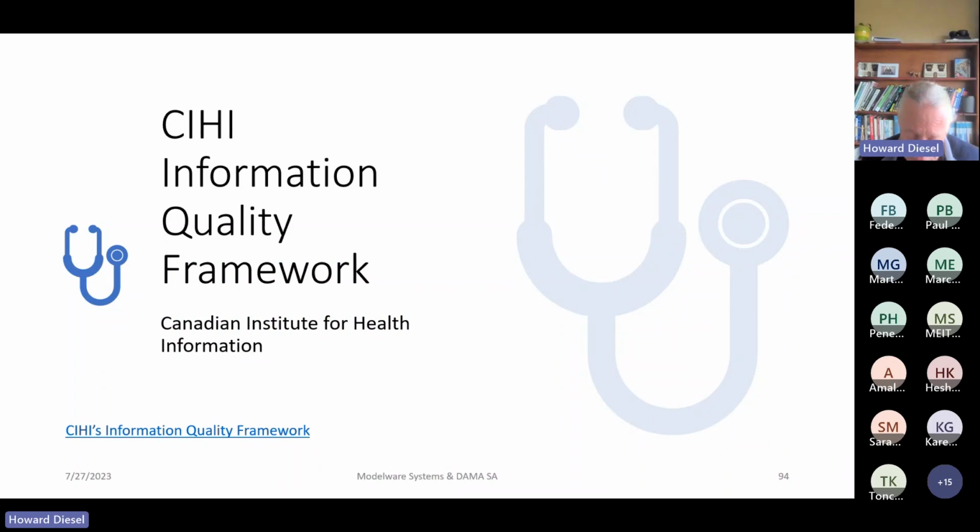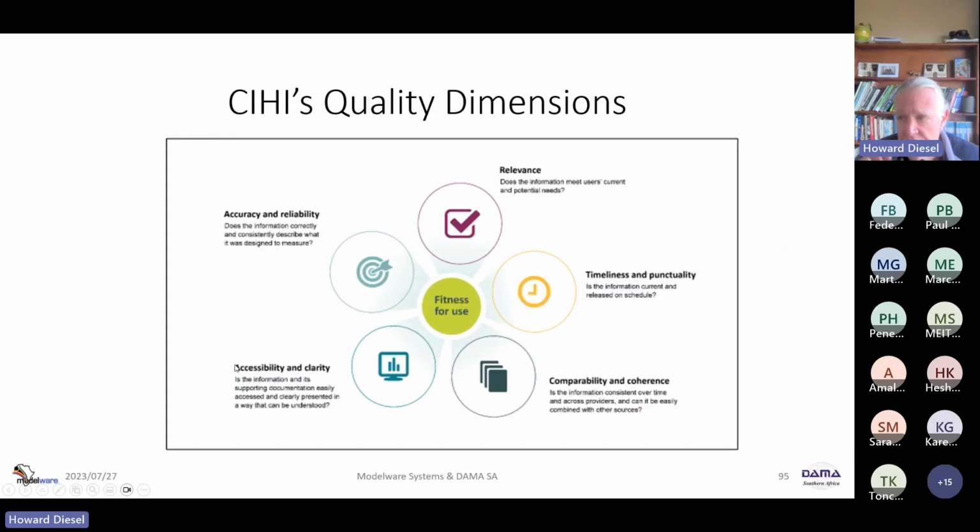They're collecting information, data. What I liked about them, the very first thing that struck me, and the reason they're using the term information, is that they say they don't produce any data, they collect data and they produce information. So they actually do the analytics on the data. They don't want to talk about data quality, they want to talk about information quality.